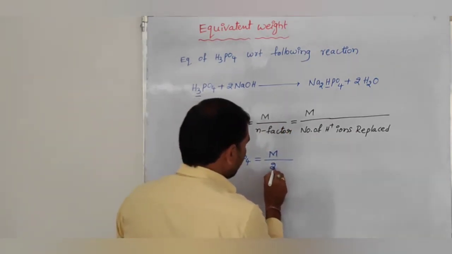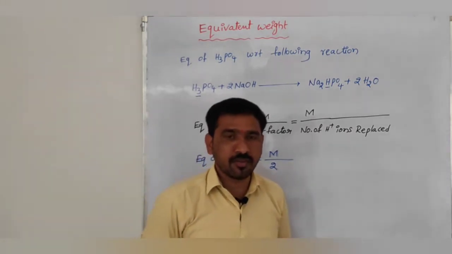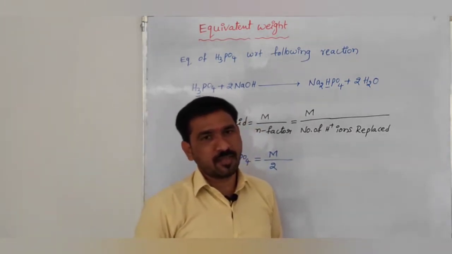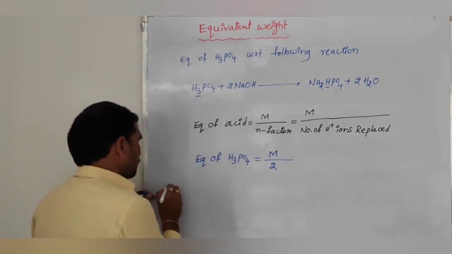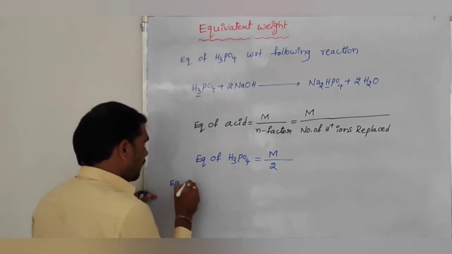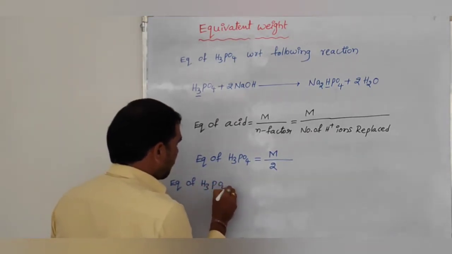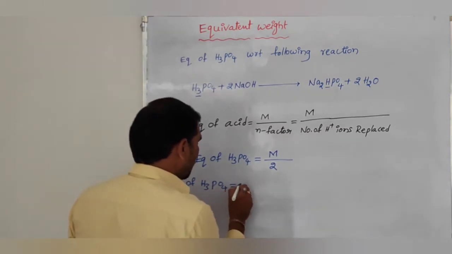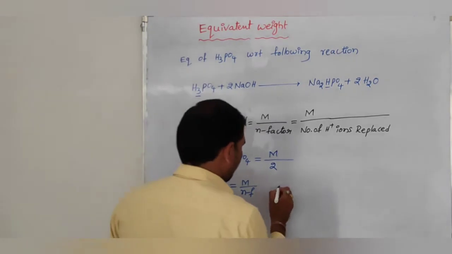Therefore the n factor is 2. Like that we can get the n factor with respect to the number of H plus ions replaced, right? Then the equivalent weight of H3PO4 is equal to M by n factor.